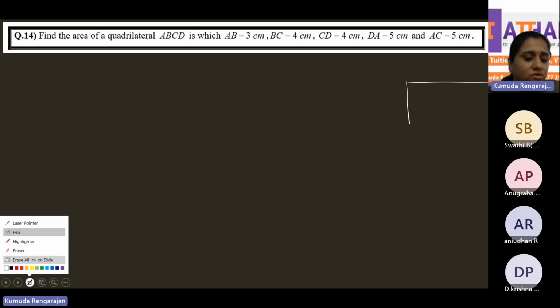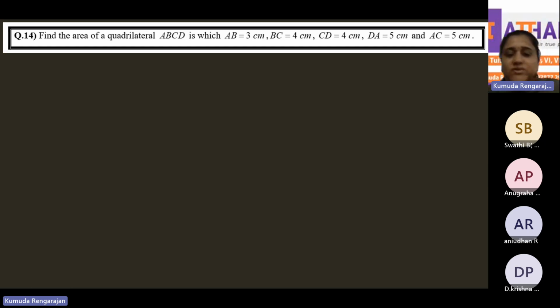So here, find the area of a quadrilateral ABCD, in which AB is 3. So let me just take a rough diagram. For a quadrilateral, you should not draw a rectangle. I'm just first drawing the rectangle, I'll tell you why. I'm just taking a rectangle like this.